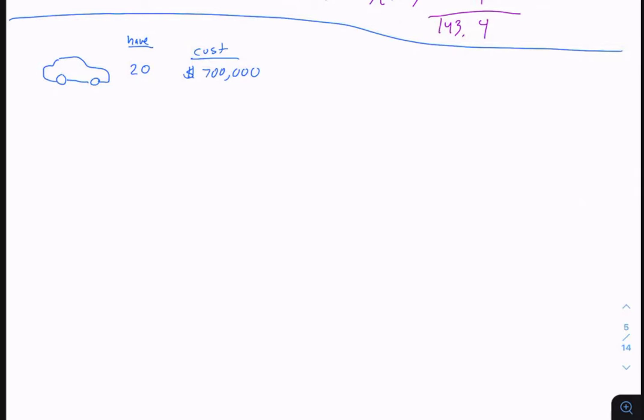All right, my second variety of car is an SUV, like a small size SUV, kind of like a RAV4, right? These are more popular these days, so let's say we have 30 of these. And let's say I paid the factory $1,200,000 for those 30 SUVs.